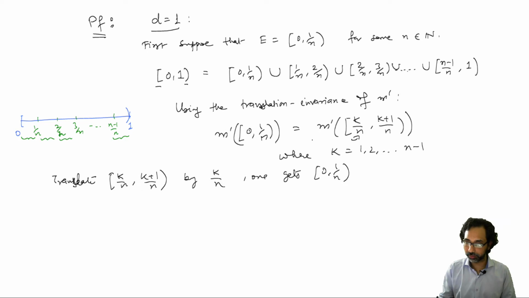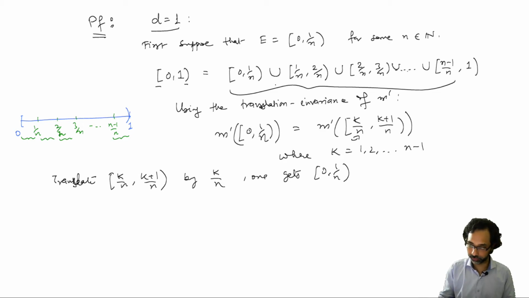So by translation invariance, m prime of 0, 1 by n is equal to m prime of each chunk that appears in this decomposition. And now note that all these are elementary subsets of R, and this is a disjoint union.